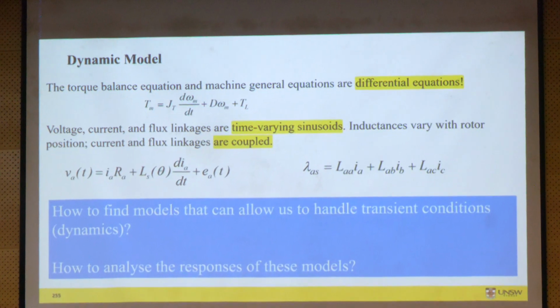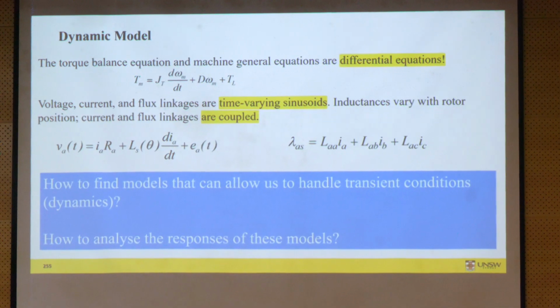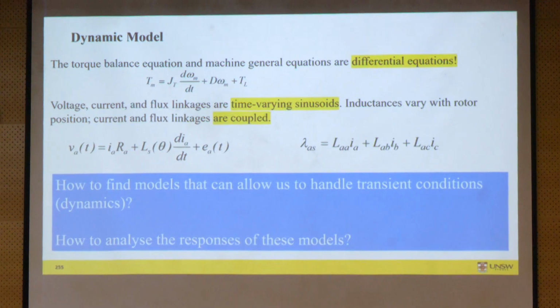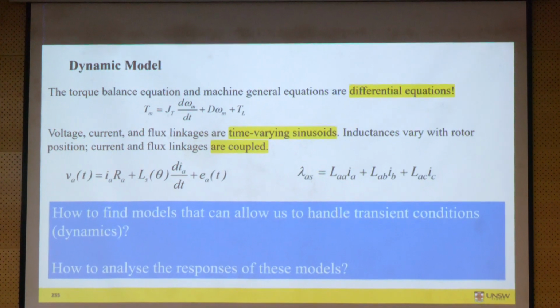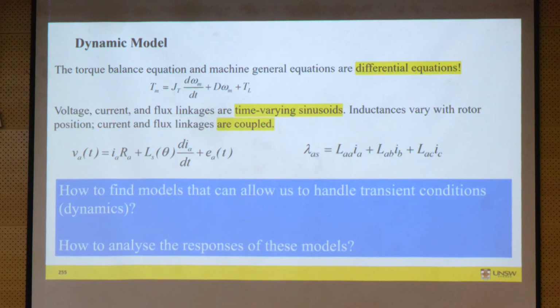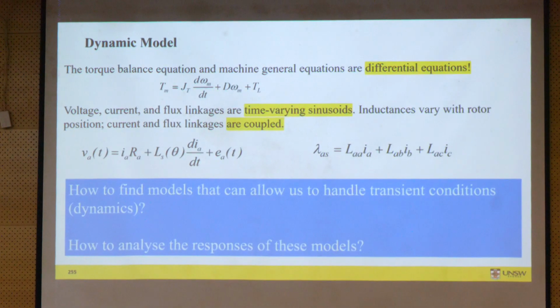That's what leads us to the dynamic model. We want to develop a technique which can help us analyze the performance during the transient, and that is the dynamic model.